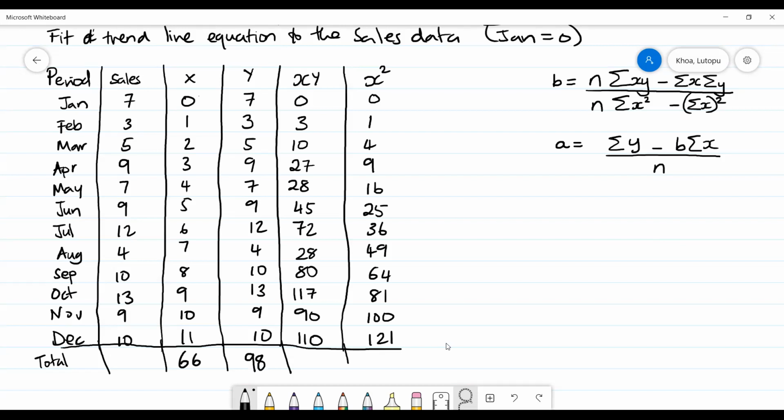And then I add up all these values. So I have 3 plus 10 plus 27 plus 28 plus 45 plus 72 plus 28 plus 80 plus 117 plus 90 plus 110.